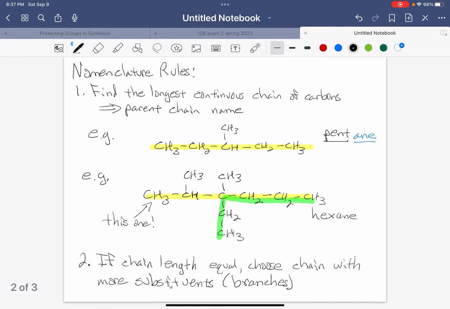Okay, so just to look at our pentane here, it really doesn't matter which one we start with, because I could go 1, 2, 3, 4, 5, or 1, 2, 3, 4, 5. The branch is still at carbon 3.